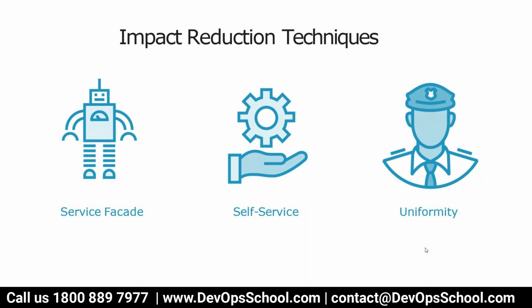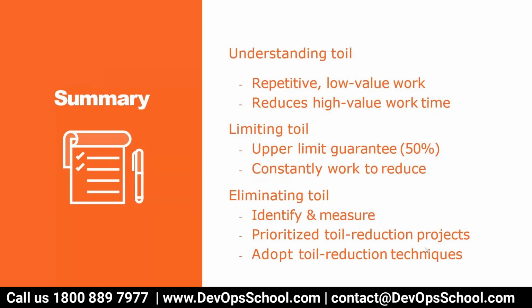Many things we can make self-service, meaning something as a service that happens automatically. Some things you can make self-service, and you need to bring uniformity in your organization, whatever you do. Okay, so this is the summary.